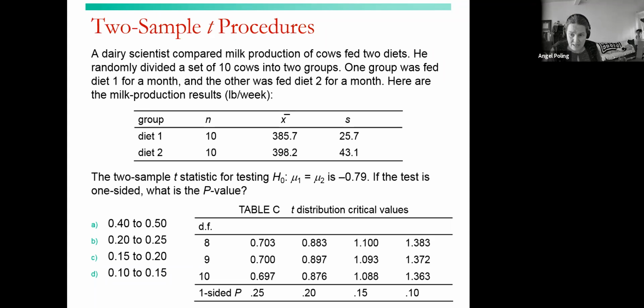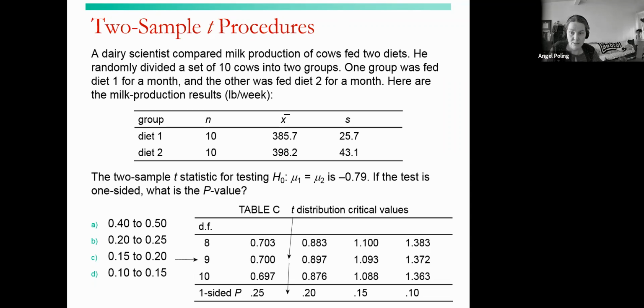And 0.79, let's see, let me bust out the annotator. It won't be smooth because I'm not on the tablet, but it'll still be all right, right? Okay, let me try that again because I didn't know what I was doing. For degrees of freedom 9, right, it's going to be here, greater than the 0.7, but less than the 0.89. And so they tell us for a one-sided test, then what are our p-values between?